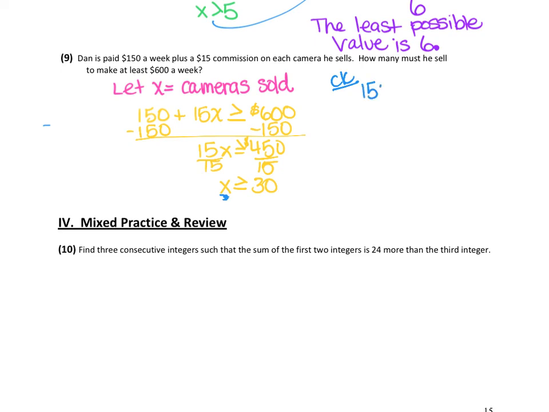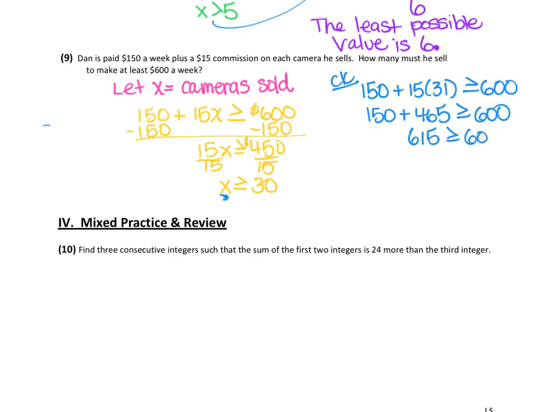So let's just say Dan makes his $150. Then he gets $15 for 31 cameras. Is he going to make at least $600? Well, 15 times 31 is 465. Is that greater than or equal to $600? Well, this becomes 615. So yes, this is how I'm just checking to make sure that my answer is correct.